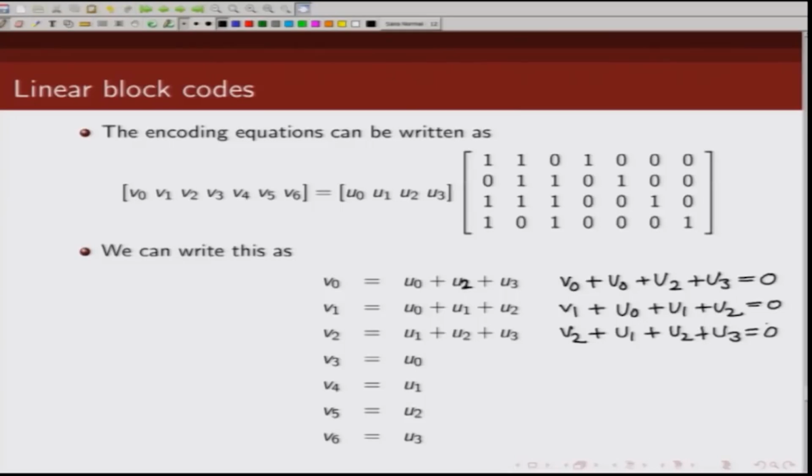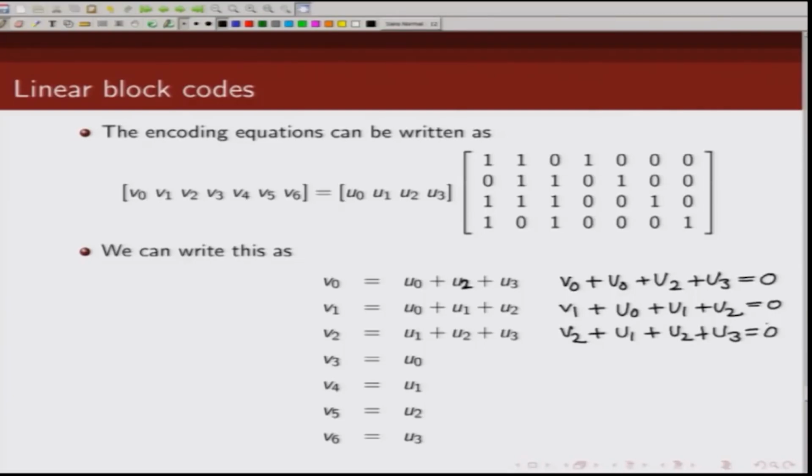The next thing we would try to do is write these parity check equations in terms of the other coded bits. We can see here that U0 is nothing but V3. So, wherever U0 appears, we can replace it by V3.